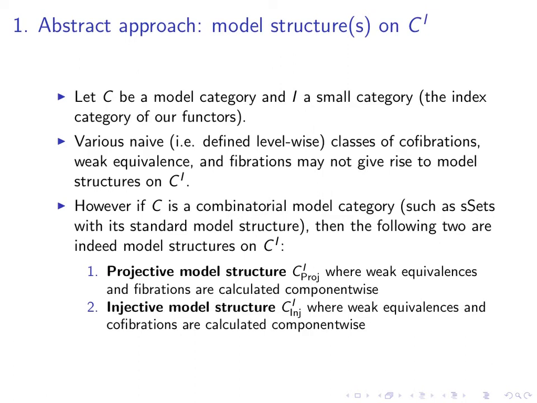But if C is what's called a combinatorial model category, we won't really need to know the definition of it, but an example is that of simplicial sets with its standard model structure, then the following two are indeed model structures on the functor category C^I. One is a projective model structure where weak equivalences and fibrations are calculated component-wise. And then the second is the injective model structure where weak equivalences and cofibrations are calculated component-wise.